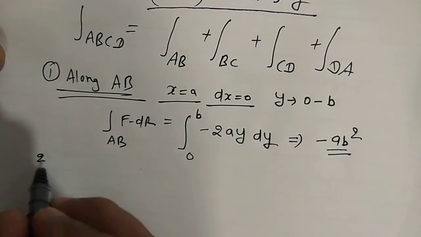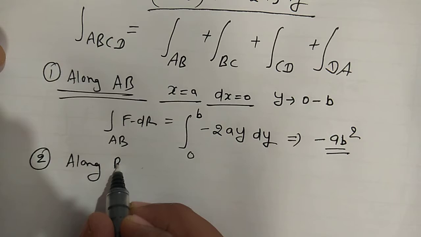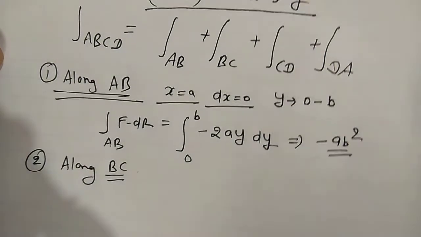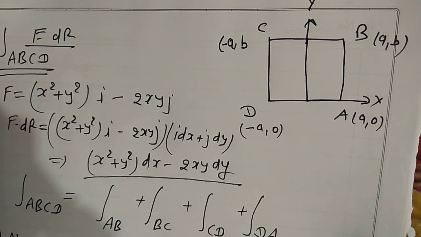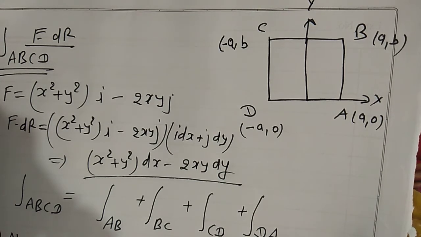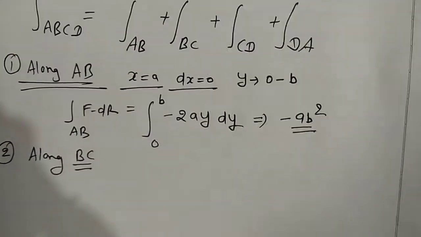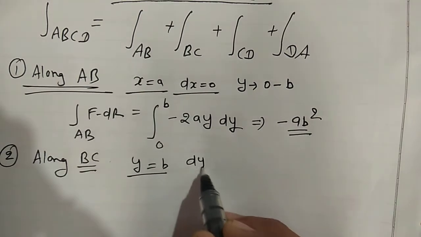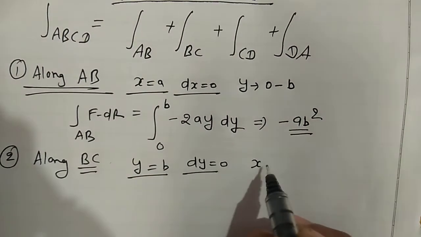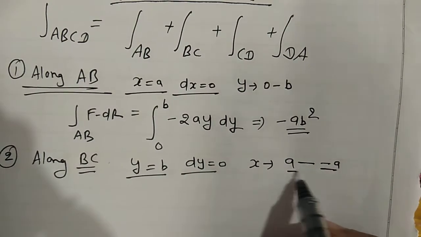Second one, along BC. So let us see what is the BC. So along BC, y equal to b and dy equal to 0 and the x limit is from a to minus a.